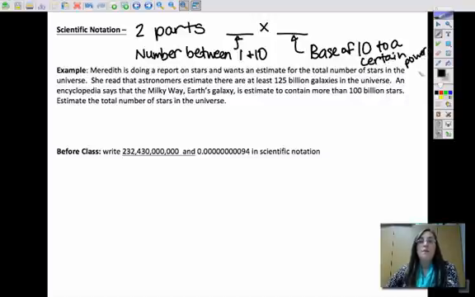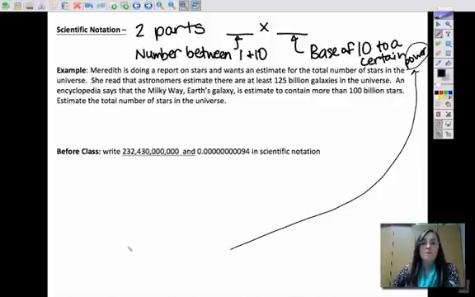We are going to use positive exponents for large numbers, and we're going to use negative exponents for small numbers.